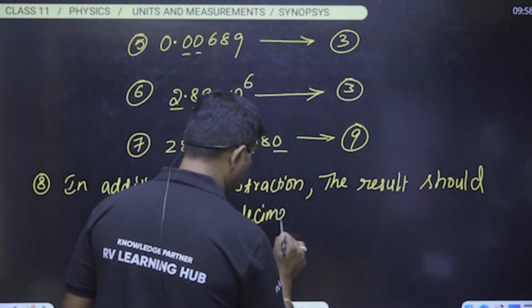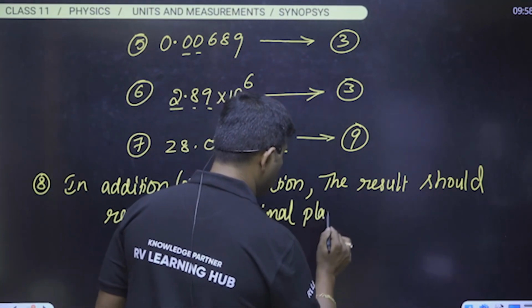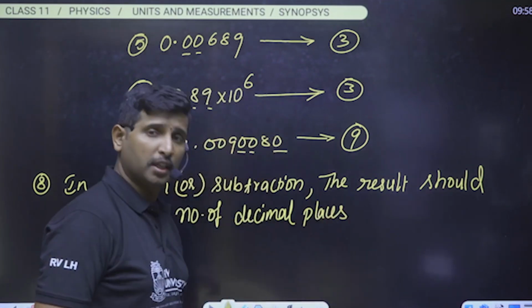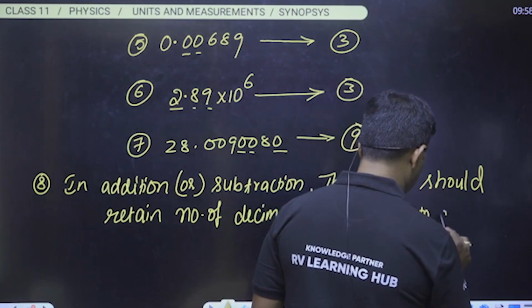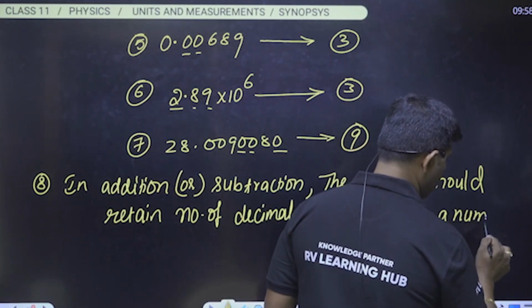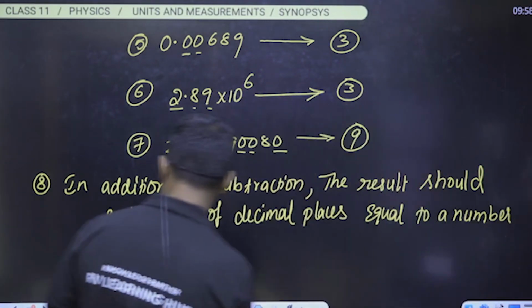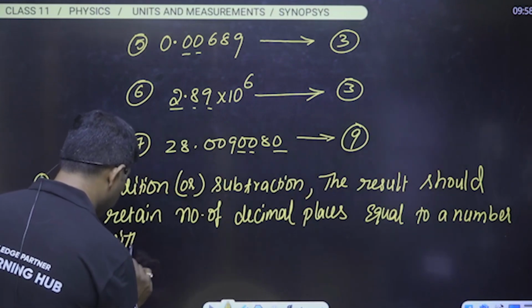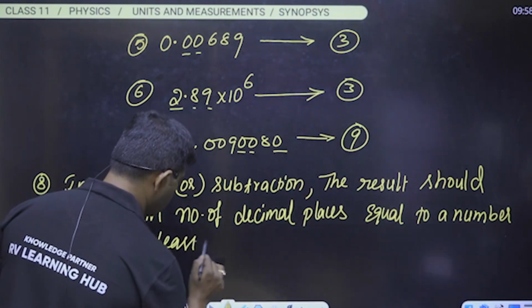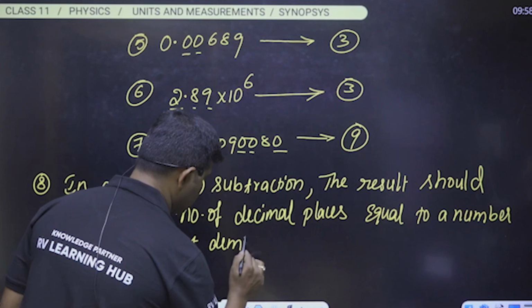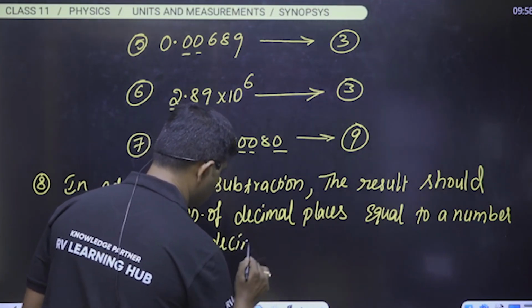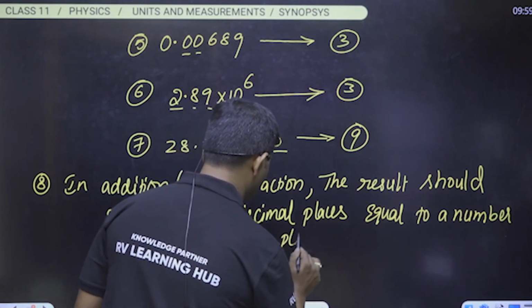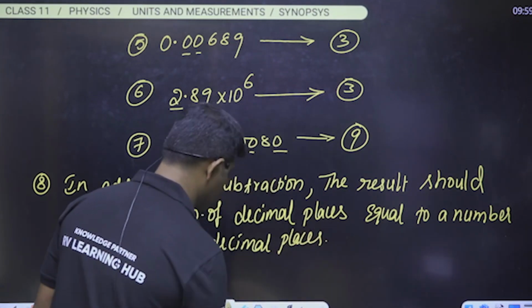We have to underline this here. We have to concentrate on the number of decimal places equal to the number with least decimal places. Is it clear? I hope you understood this part.